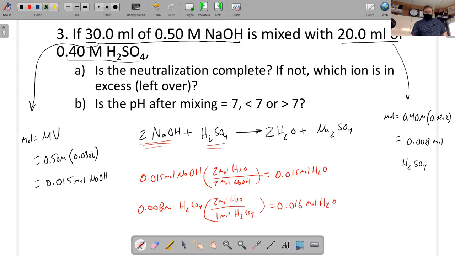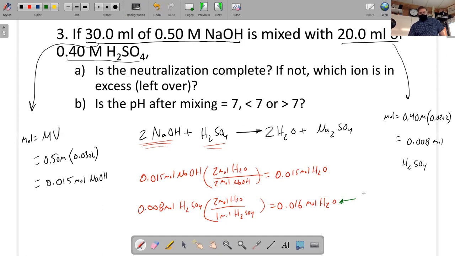So in the end, you have enough sodium hydroxide to make 0.015 moles of water, but you have enough sulfuric acid to make 0.016 mole of water. So there is a greater quantity of sulfuric acid available to make water than there is sodium hydroxide. This is the greater quantity.